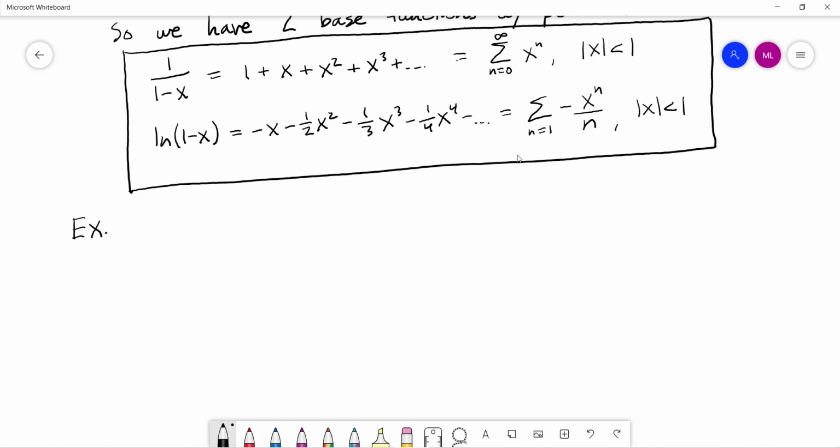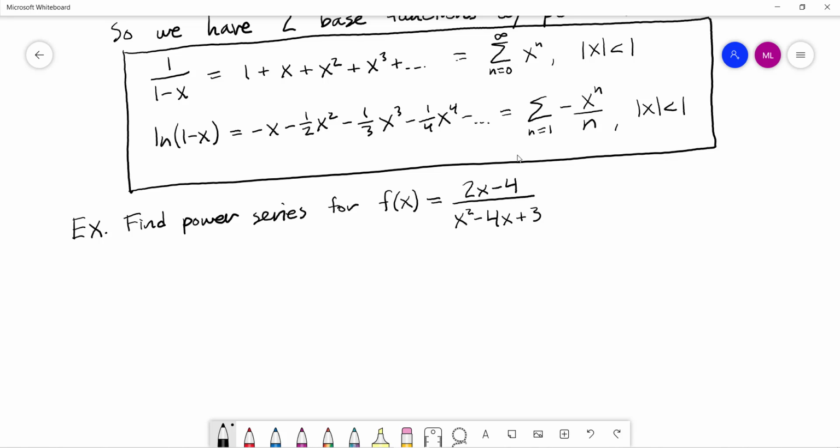So in this last example, I want to find the power series, given the ones that we already know. Find the power series for, let's say our f of x is equal to 2x minus 4 over x squared minus 4x plus 3, a big ugly one.